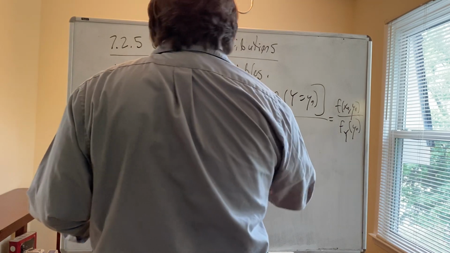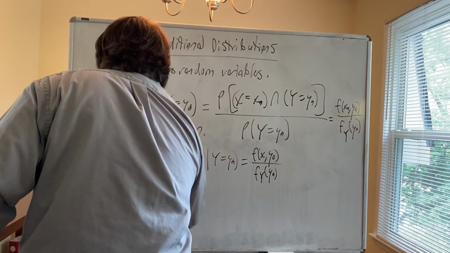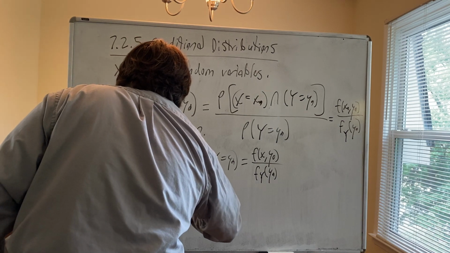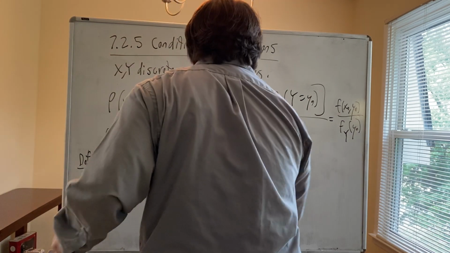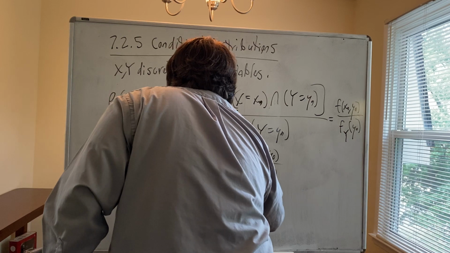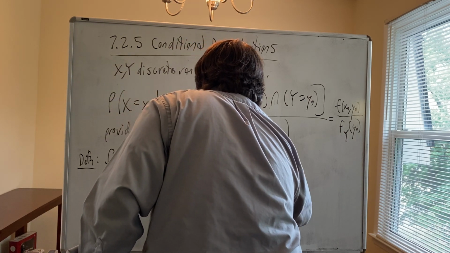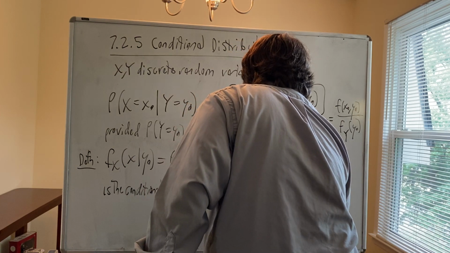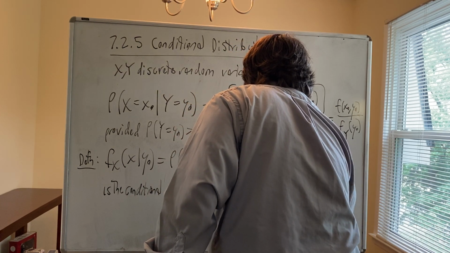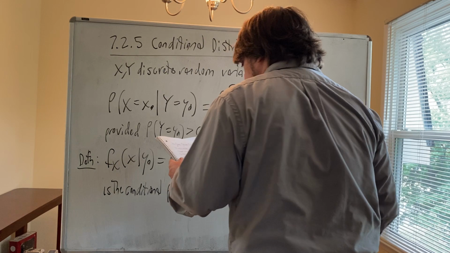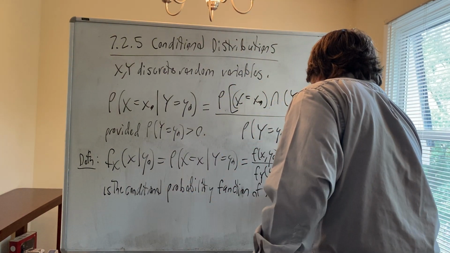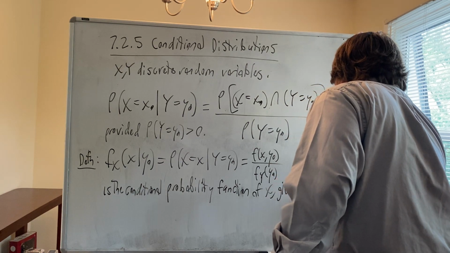And so that equaling to that is the conditional probability function of x given y equals that.